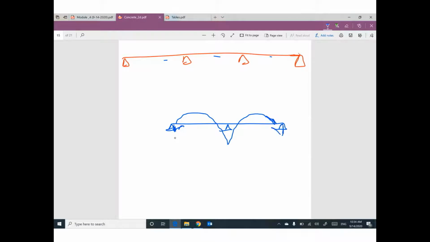This one is WL squared divided by 9, WL squared divided by 24, WL squared divided by 14, WL squared divided by 14, WL squared divided by 24. W is the applied force, L is the span of this beam.